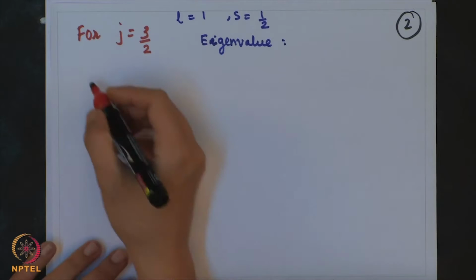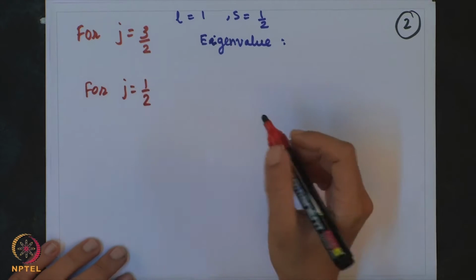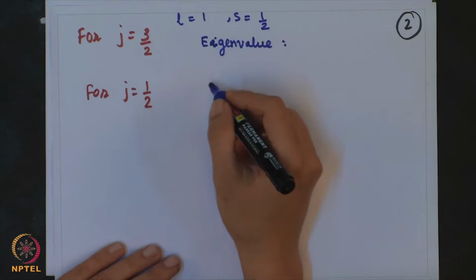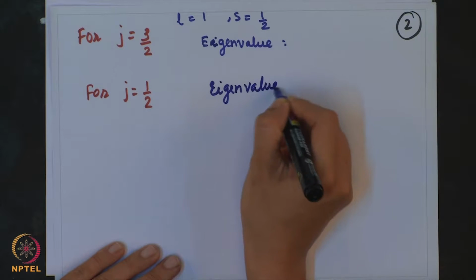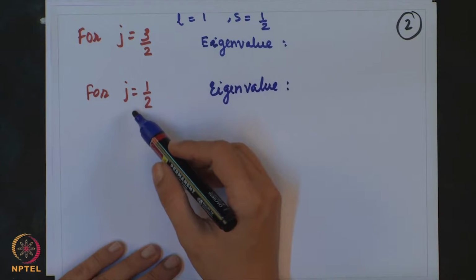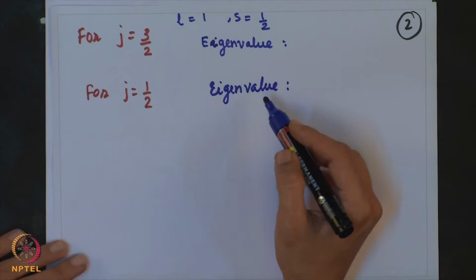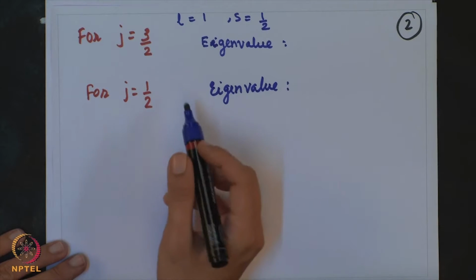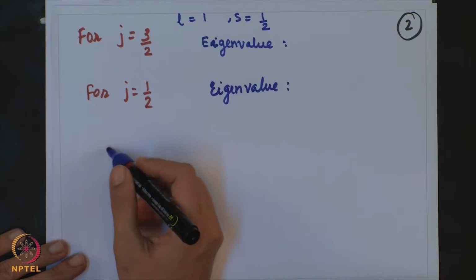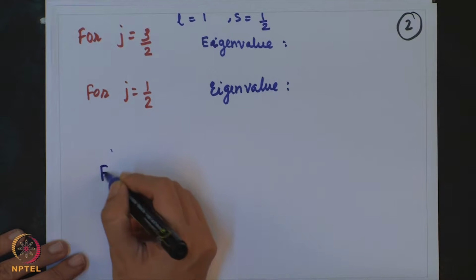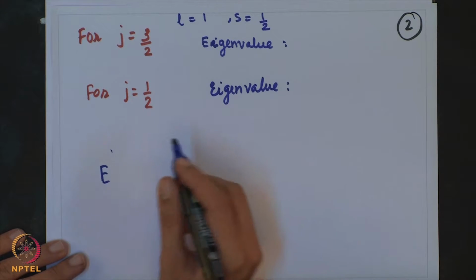And as I told you before the tutorial, I will not be giving the results, I will be giving a roadmap how to go about and solve the problems. So, you can calculate the eigenvalue for J is equal to half. Okay. So, the energy corresponding to V(r) L dot S upon h cross square we have to calculate for different values of J.